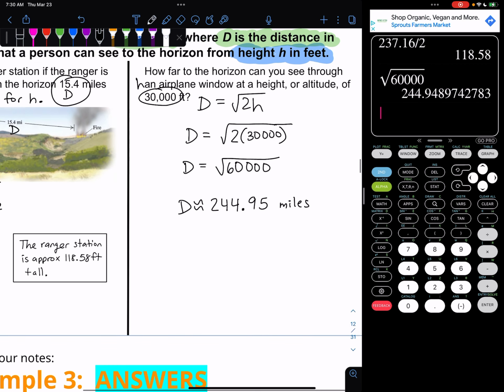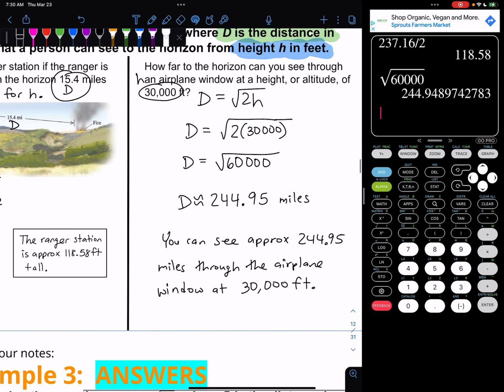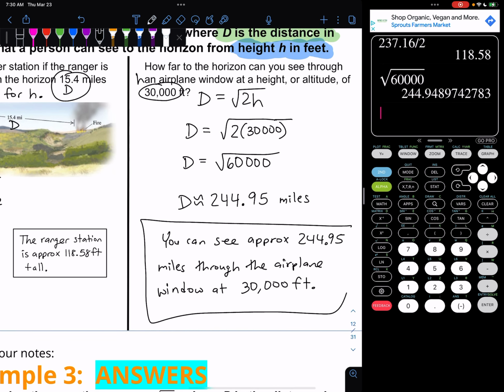So, you can see approximately 244.95 miles through the airplane window at 30,000 feet. There you have it. Put this in a box for us, and it's done.